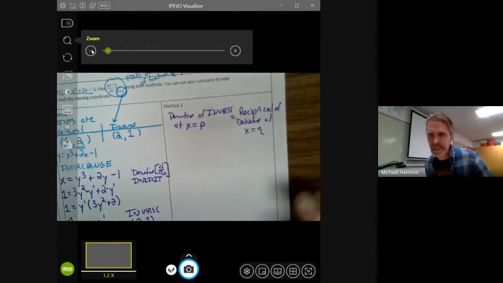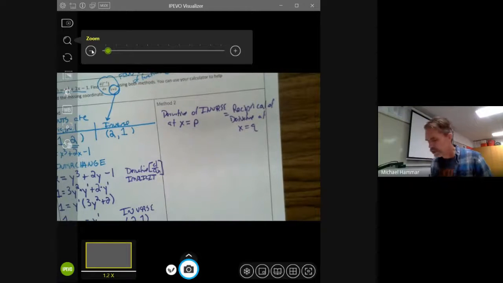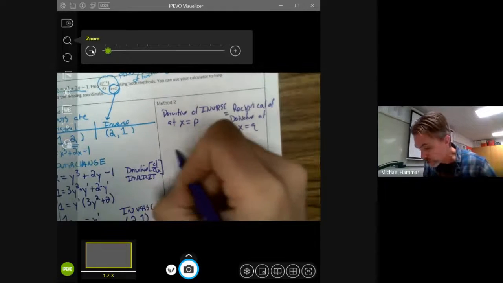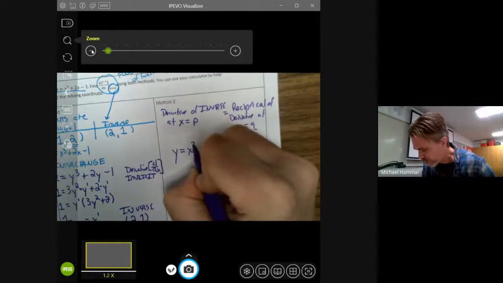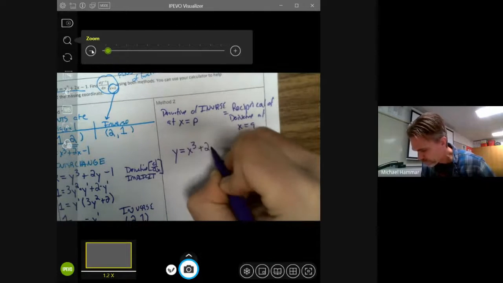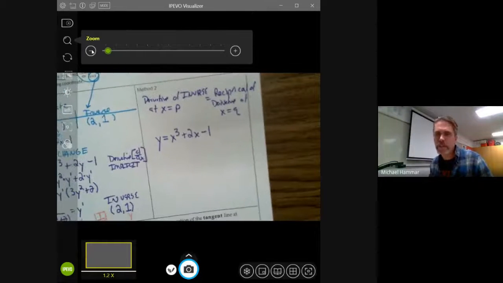So that's what it means in words. How do you go about doing that? With this method, you start with your original equation, and we take the derivative of that.